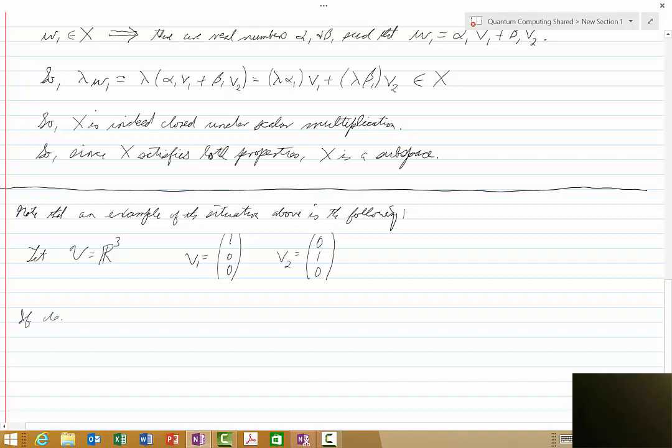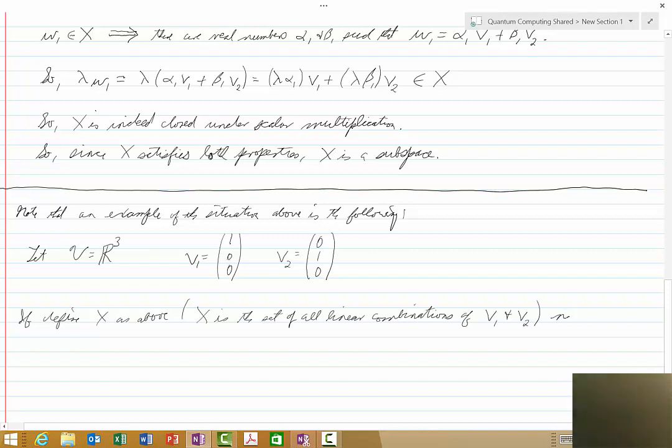If we define X as above, in other words, X is the set of all linear combinations of V1 and V2, then note that X is simply R2, or the set of all vectors in the XY plane.